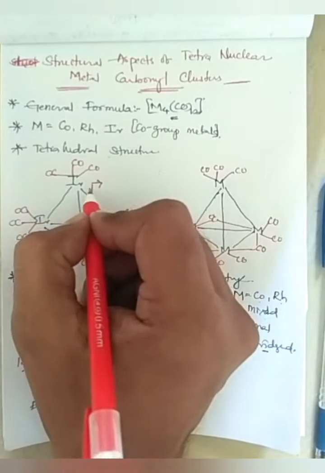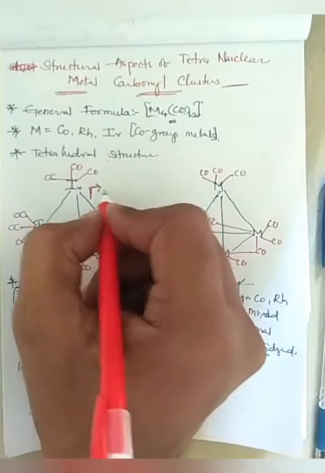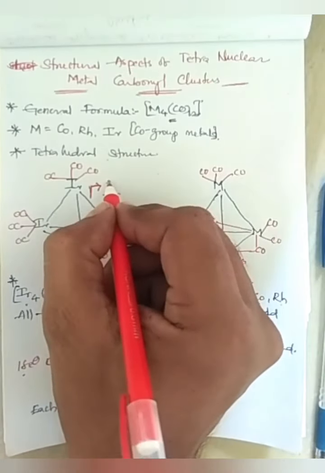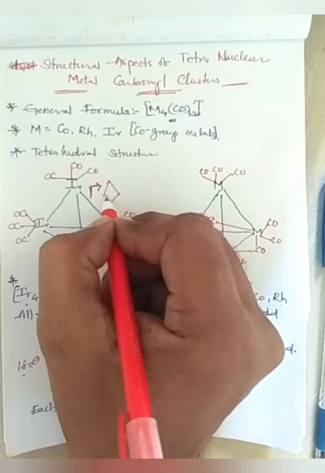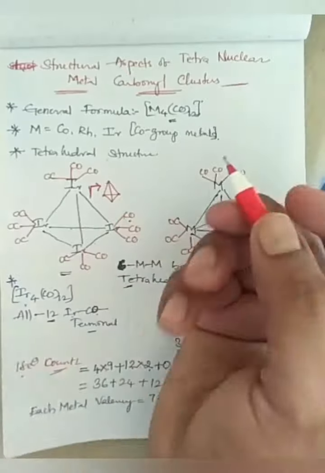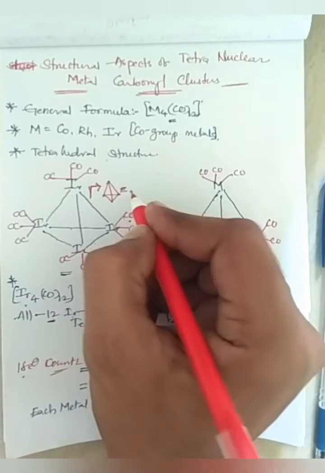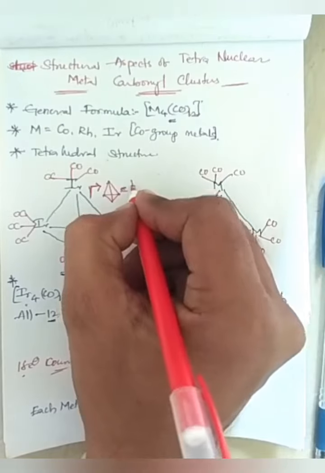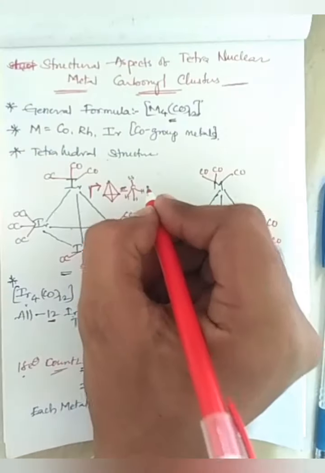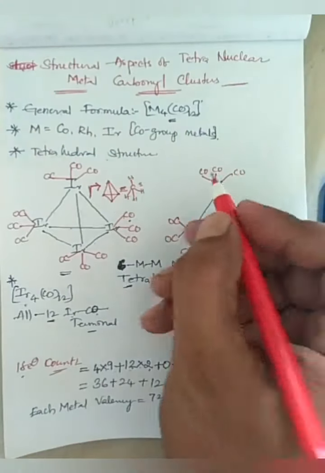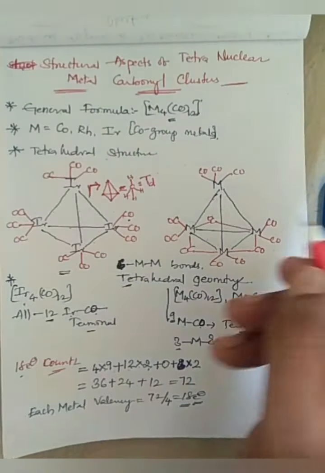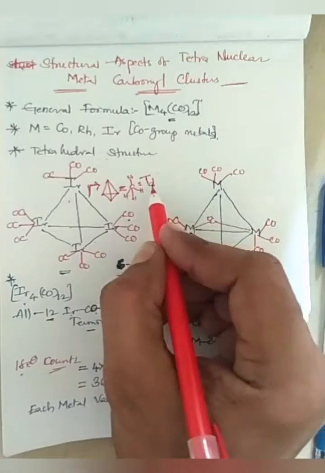For the iridium cluster, all 4 sides of the tetrahedral structure are one and the same; all 4 vertices or corners are the same. So this particular structure can be compared with methane. We know that methane has the tetrahedral symmetry point group, so the iridium cluster will have tetrahedral symmetry.